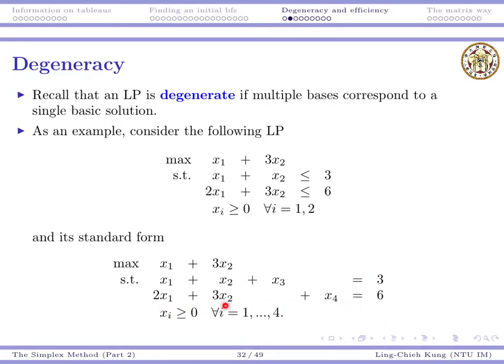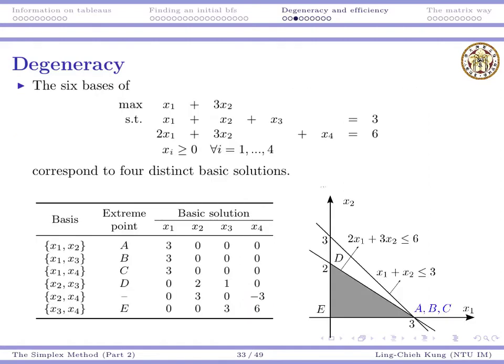With these 4 variables and 2 constraints, we know for every basis there should be 2 basic variables and 2 non-basic variables. In total, there are at most 6 bases because 6 comes from 4 choose 2.